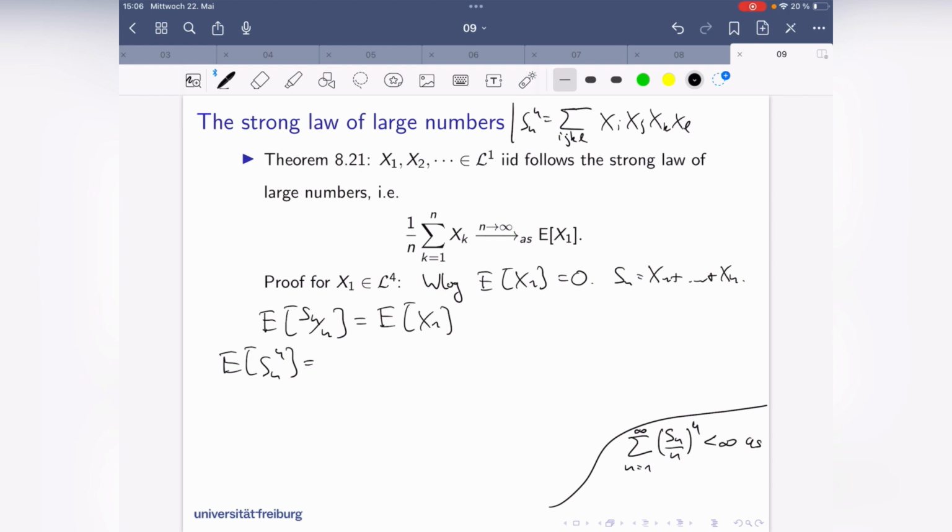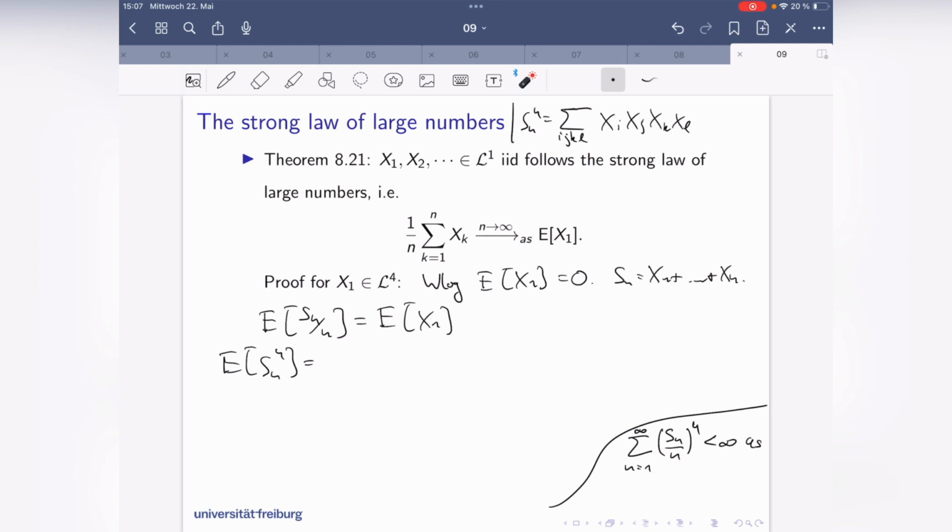So when we have the expectation of this thing here, and the sum of all these expectations, they are independent and they have expectation 0, which means, well, if I have, for example, i equals j equals k equals l, I have xi to the power of 4, that's not 0.